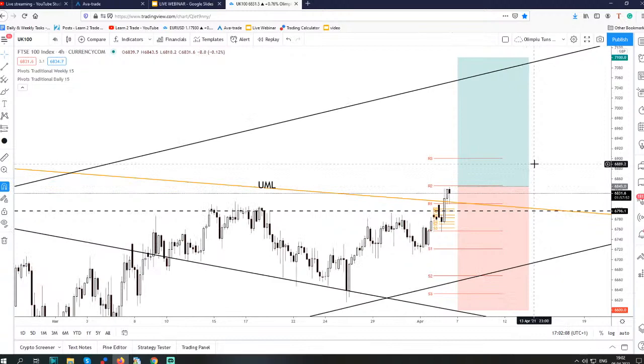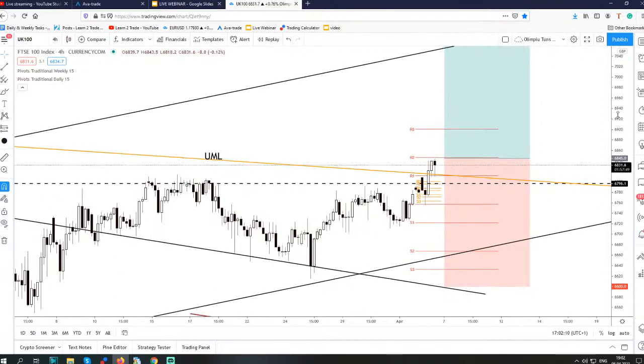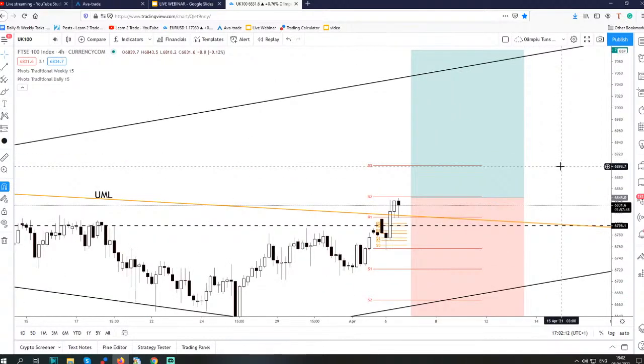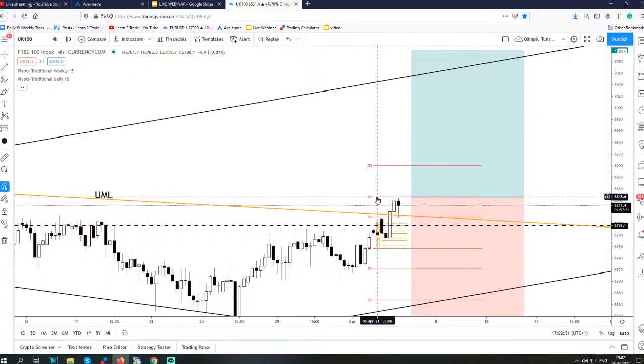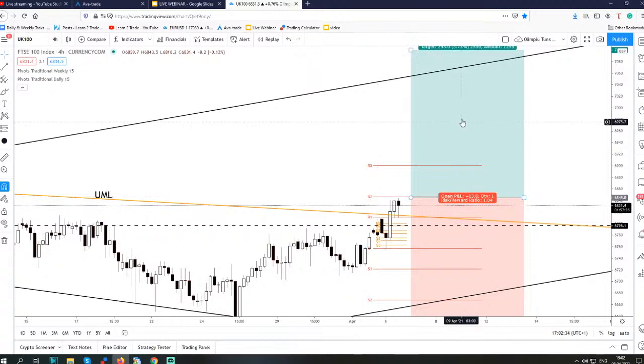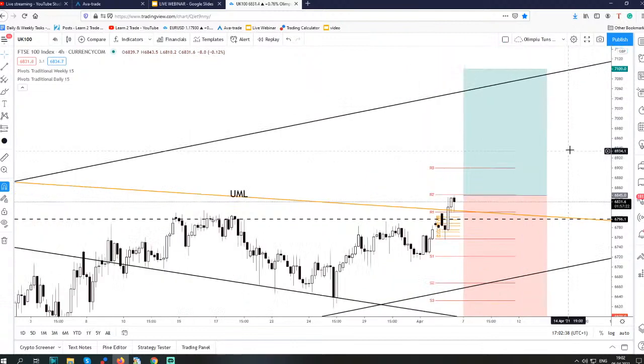Personally, I still believe that the index could continue higher after retesting these levels, if it will make maybe a consolidation here on the short term, and as I've told you, a bullish closure right above the R2, above the entry level, above 6,946 could really confirm that the index will continue to increase.